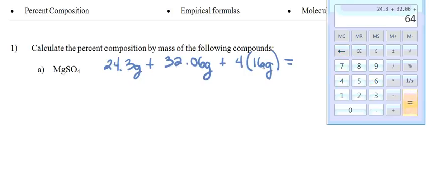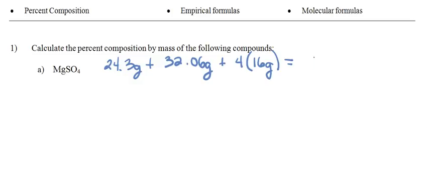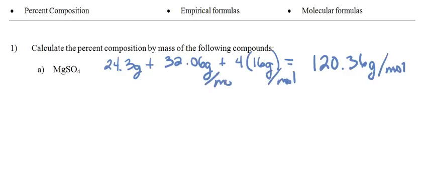My total mass for the magnesium sulfate is 120.36 grams per mole. Again, these are all per mole, though you don't necessarily need that for the percent composition.